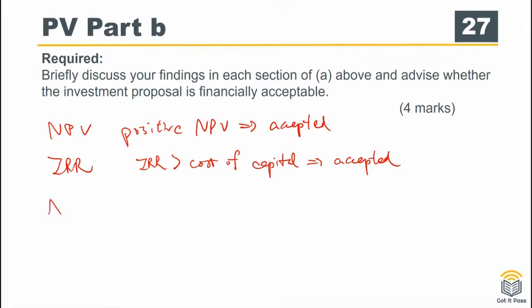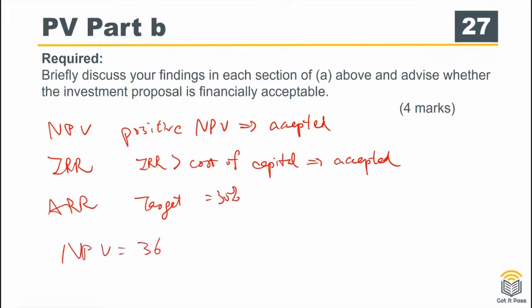Okay, for accounting rate of return, the target is 30%. So any project with the accounting rate of return larger than 30% will be accepted. We check the answer for NPV.